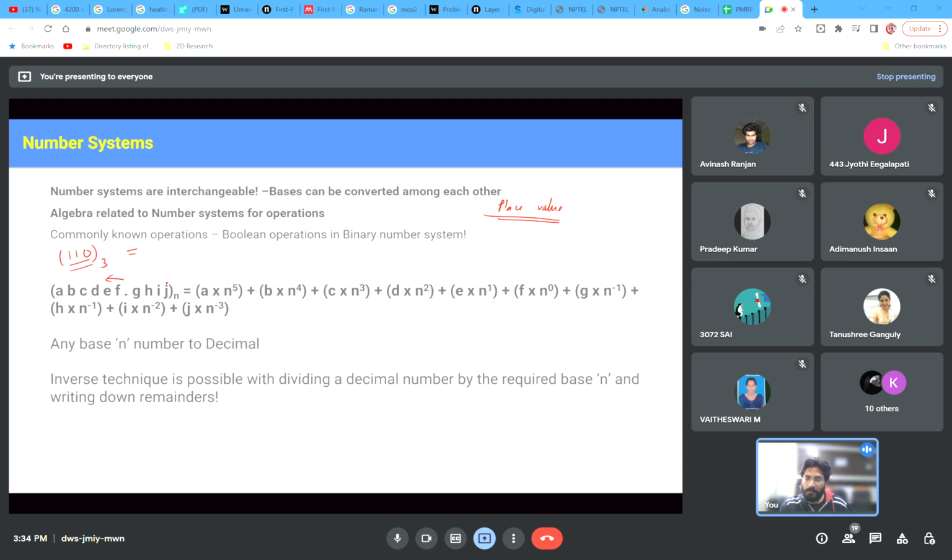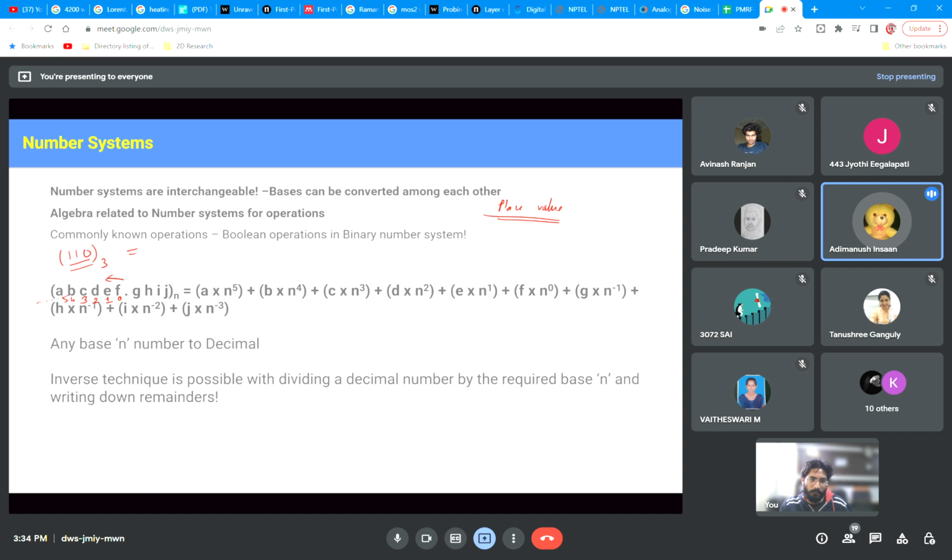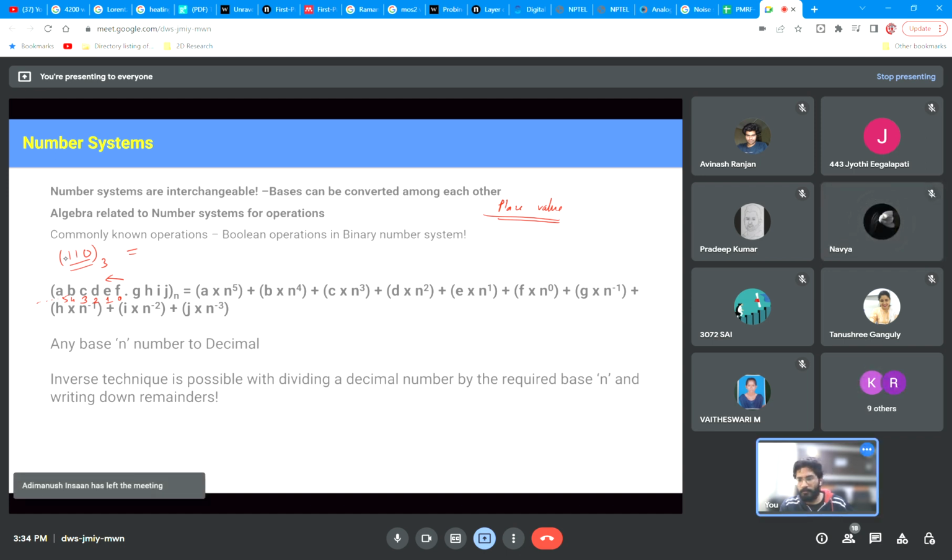Here in this case, this digit lies one step next to the decimal. This counting usually starts from 0. So left of the decimal, this will be place 0, this will be place 1, this will be place 2, 3, 4, 5, and onwards.